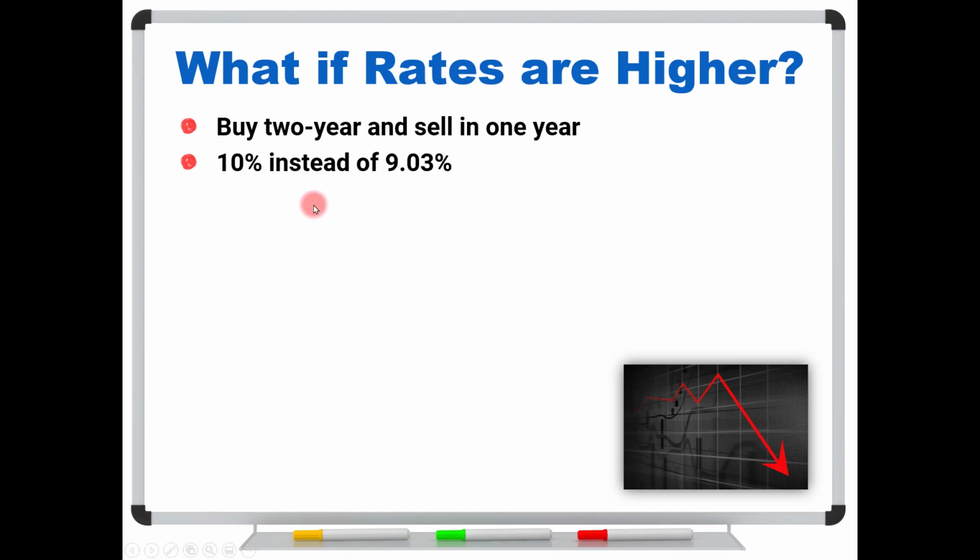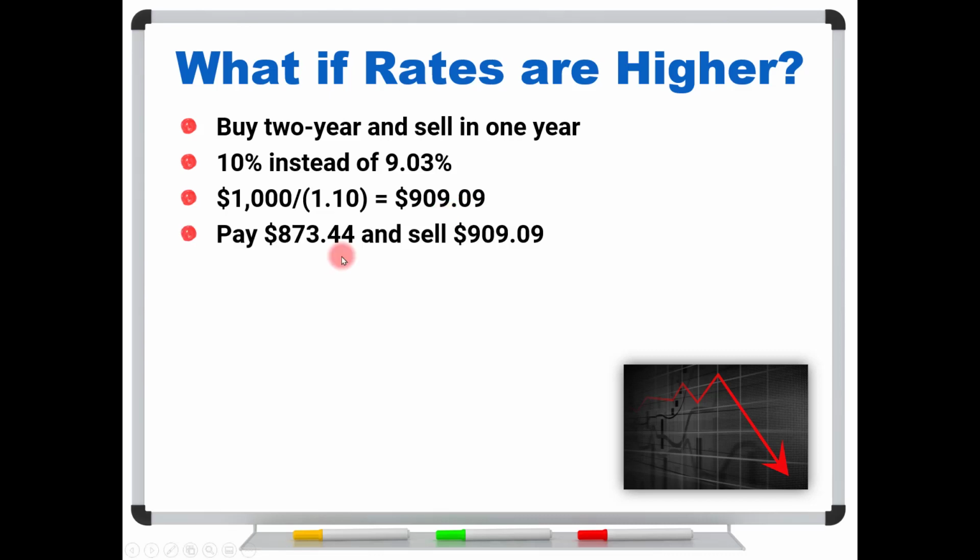So if that's true, this bond, remember it matures to 1,000 face divided by 1.10, would be trading for $909.09 in 1 year. So remember, we paid $873.44 for it. If we sell it for $909.09, that's just a touch over 4%. We would underperform the 1 year bill that was trading at 5%.